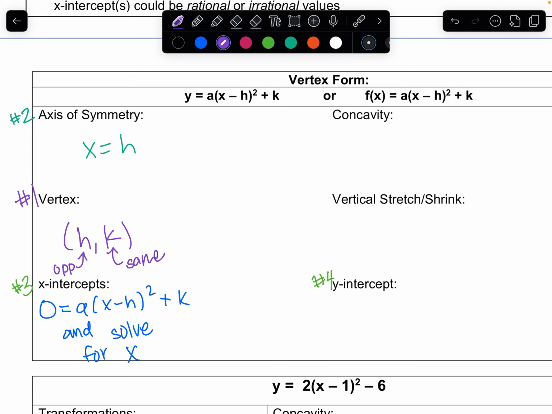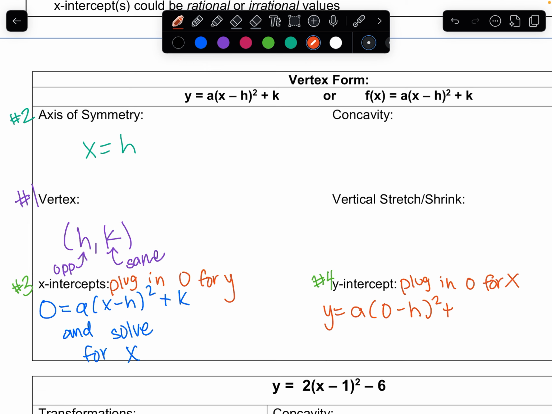And then the y-intercept, that's where we plug in 0 for x. Oopsies, for x. For x-intercepts, we plug in 0 for y. So we get y equals a times 0 minus h squared plus k.